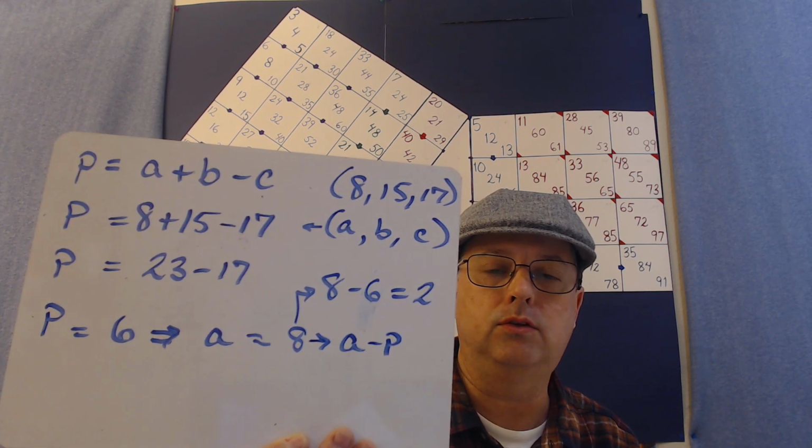And that's giving us the 2. Okay, and so then we'll have 6 plus 2, which will give us 8. Okay, and then we'll find the b value. See my notes here.